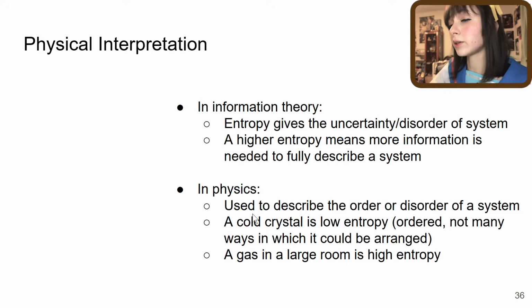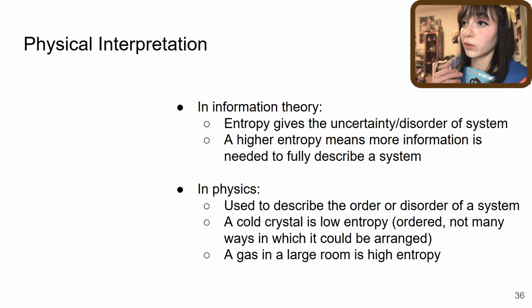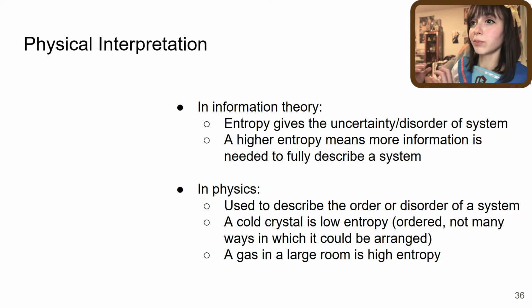And then in a similar way, in physics, entropy is used to describe the order or disorder of a particular system. So something like a cold crystal is a lot lower in entropy because it's ordered, there's not as many ways you can rearrange it. And it's a very high probability scenario.